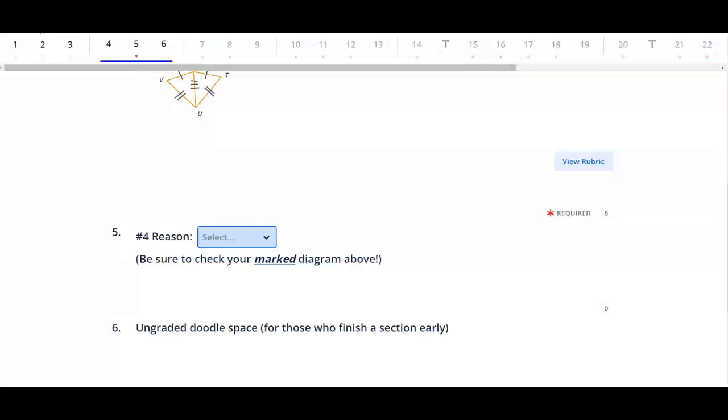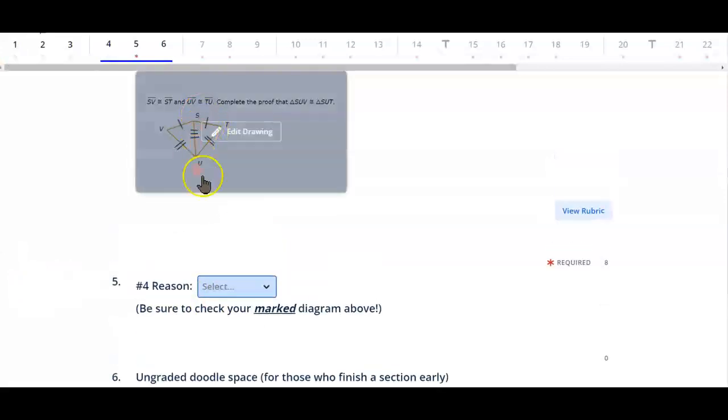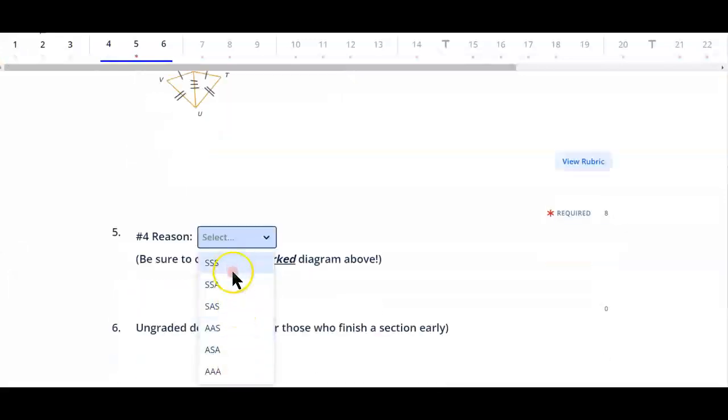It looks like everyone who has answered number 4 has answered it correctly. Great work. And everyone who has answered number 5 has answered it correctly, which is side, side, side. I have 3 pairs of sides.